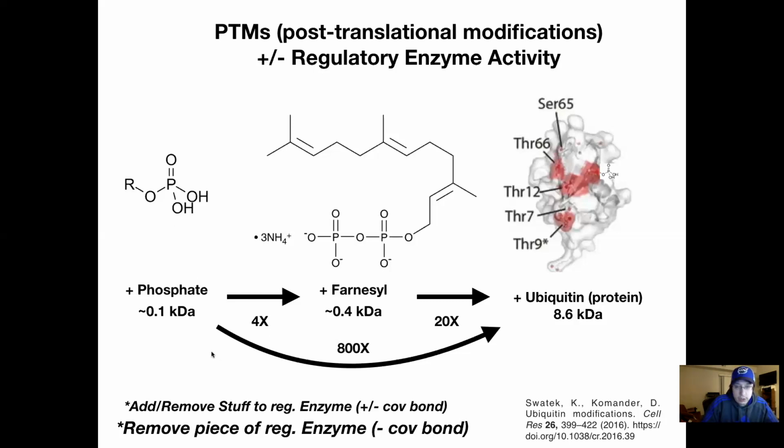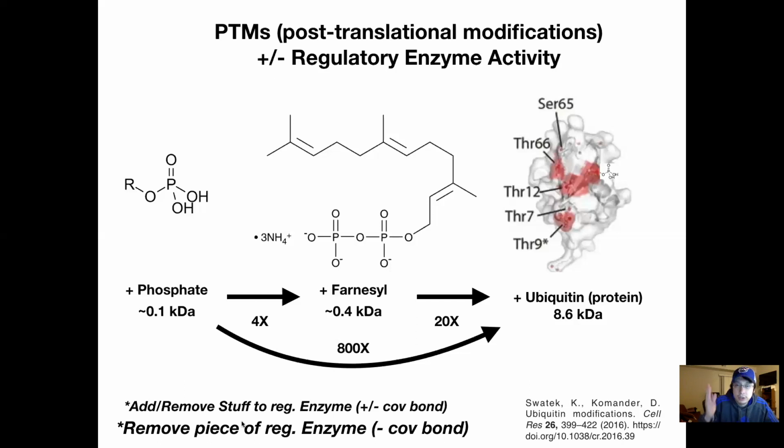Anyways, this is one broad class of post-translational modifications in the sense that you're adding a new thing to your regulatory enzyme or removing something from your regulatory enzyme, these chemical groups. The second type of post-translational modification is to remove a piece of the regulatory enzyme itself.